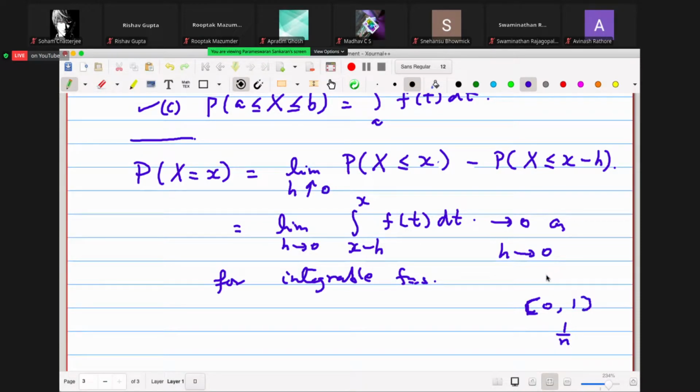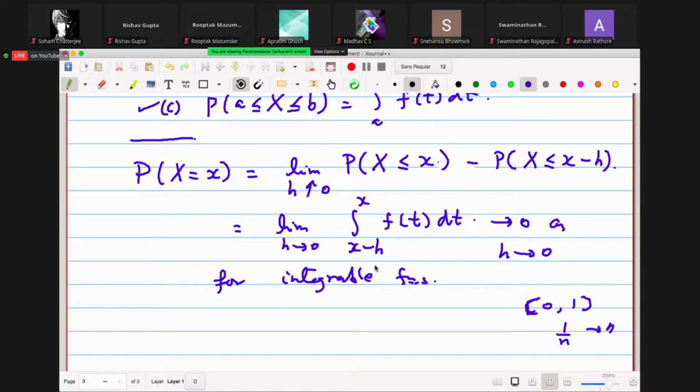It's a vague equivalence class, right? So at 1 by n it can take value n, and at other points it takes value 0, suppose. Then near 0, it is not bounded. So even near a point, this function can be unbounded.